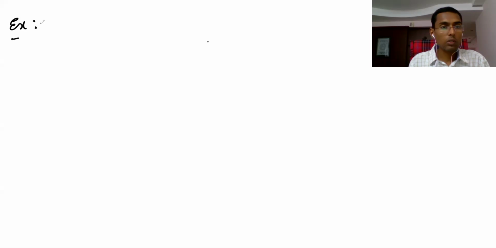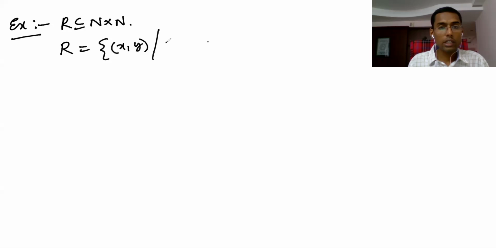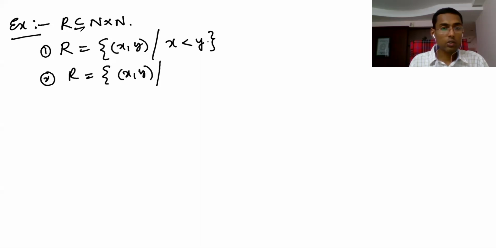Now, for example, R is a relation from N to N, defined as R equal to (x, y) such that x is less than y. This is one. The next, R equal to (x, y), the relation from N to N, natural numbers to natural numbers, such that x divides y, or x is divisible by y.